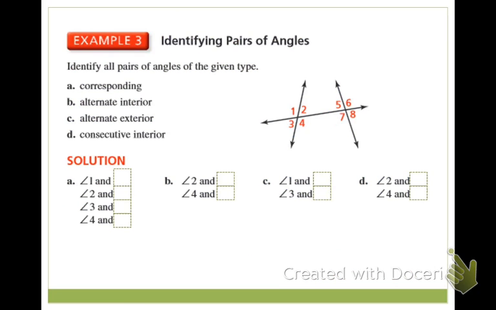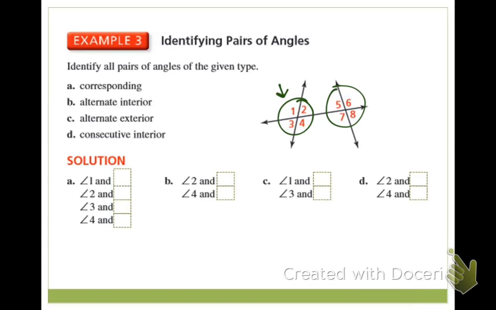The angles of the given type. So corresponding is the first one we're doing. We're doing that example right before the review. Corresponding means they what? They correspond. Yes, they occupy the same spot at their intersection. So where is angle 1? Top left.